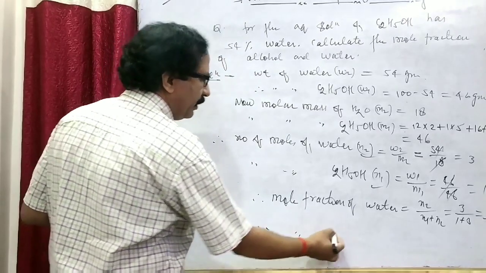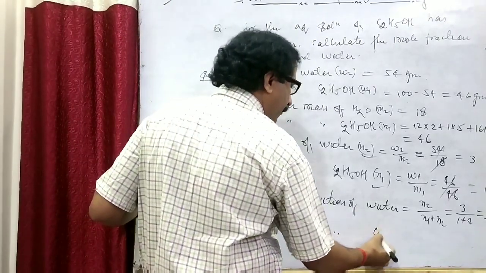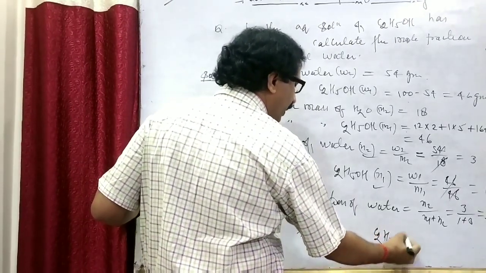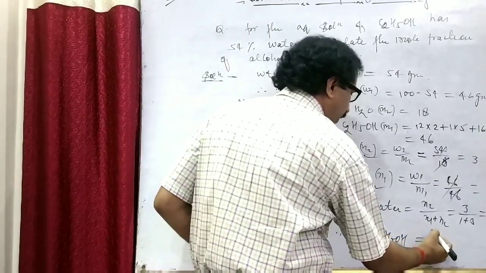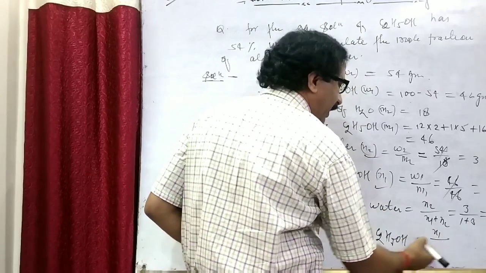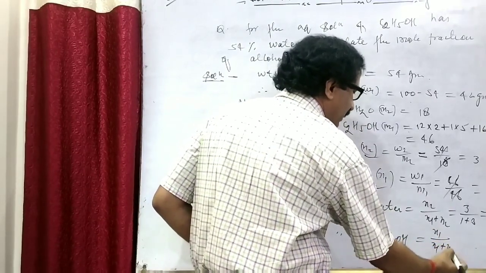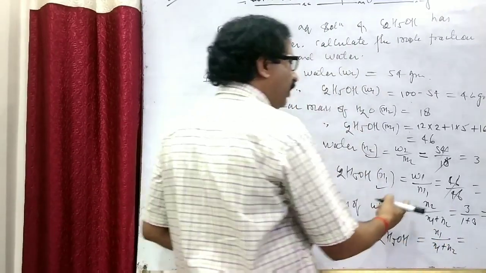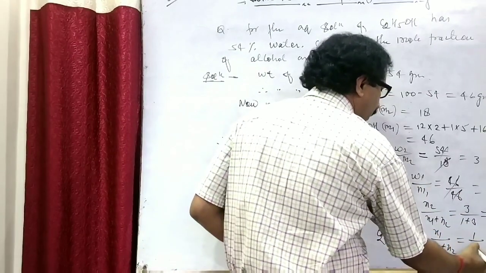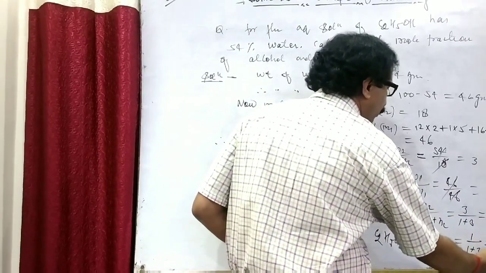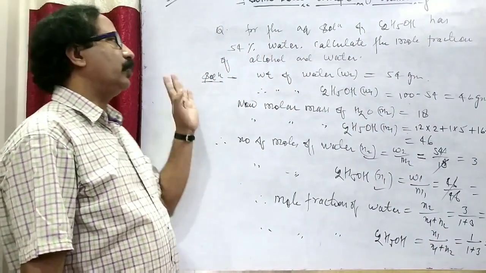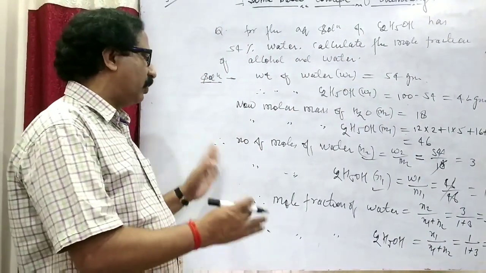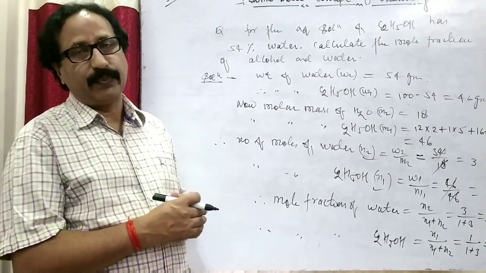By the same way, mole fraction of C2H5OH is n1, number of moles of alcohol, upon n1 plus n2. The value of n1 here is 1. 1 plus 3 becomes 1 by 4. Hence, in case of any numerical, you can find out the mole fraction of each and every component.